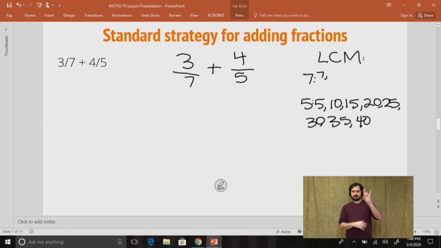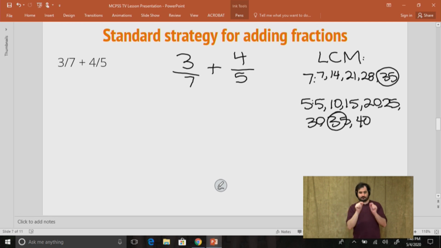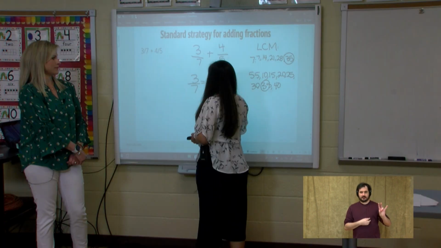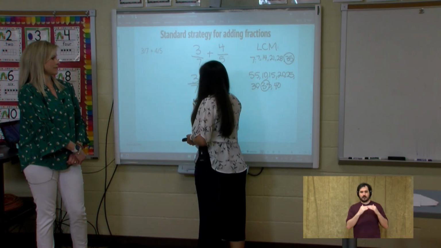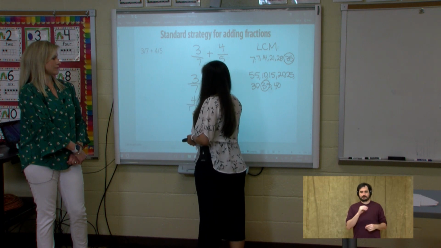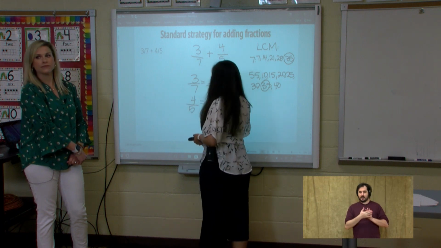So I have 7, 14, 21, 28, 35. Well, here I have 35 and 35, and that seems to be our least common multiple, so that's what we'll use. So I have 3/7, and that's going to become something over 35. And then I have 4/5, and that's going to become something over 35.